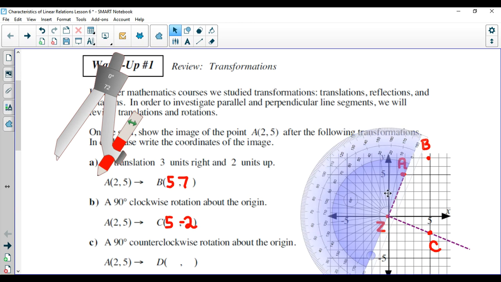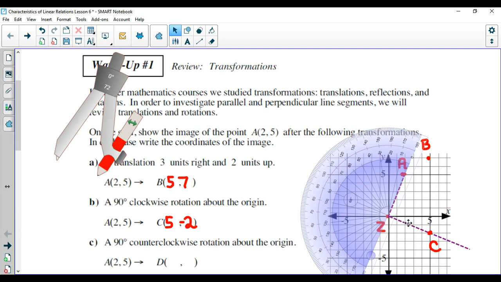Okay, now 90 degrees in the other direction is going to involve, let's count again. So we go 0, 10, 20, 30, 40, 50, 60, 70, 80, 90. So it's going to be a line that falls along 90 degrees right here.